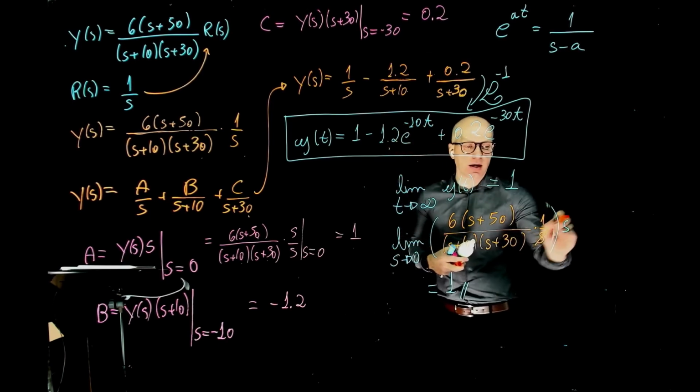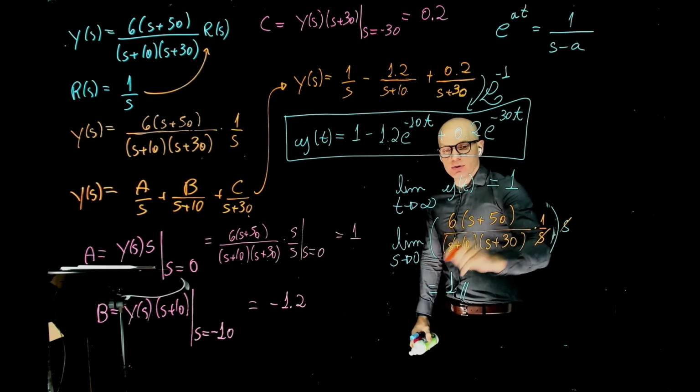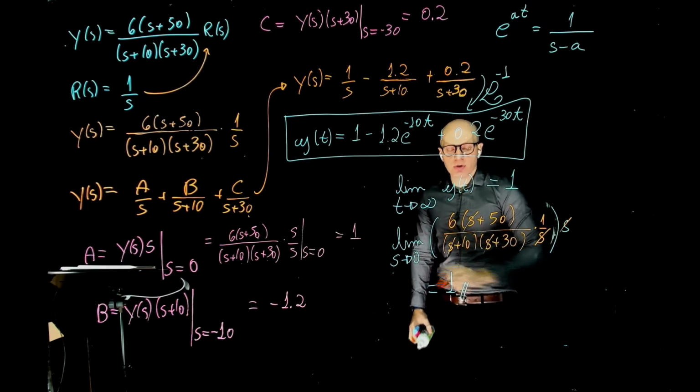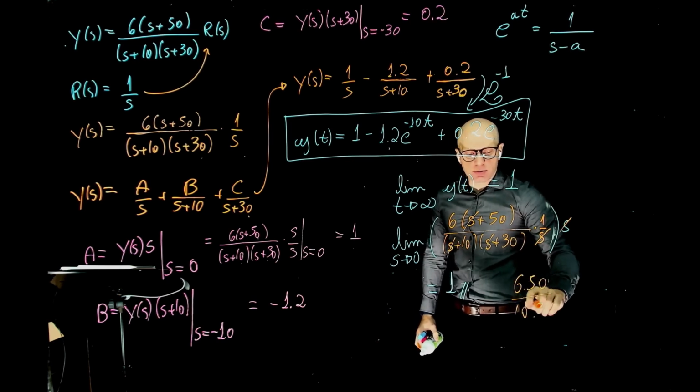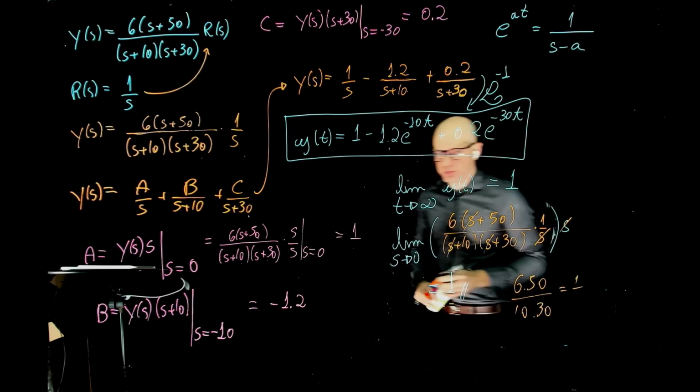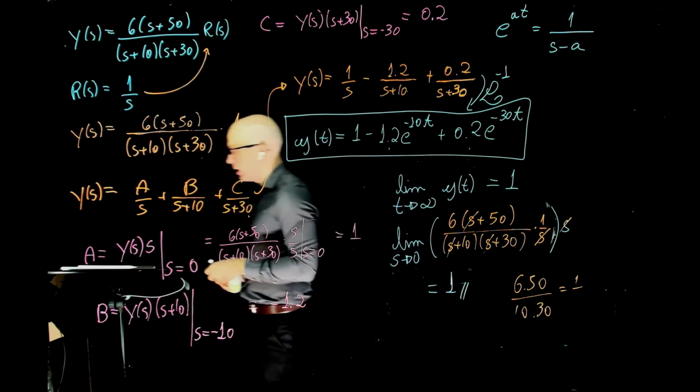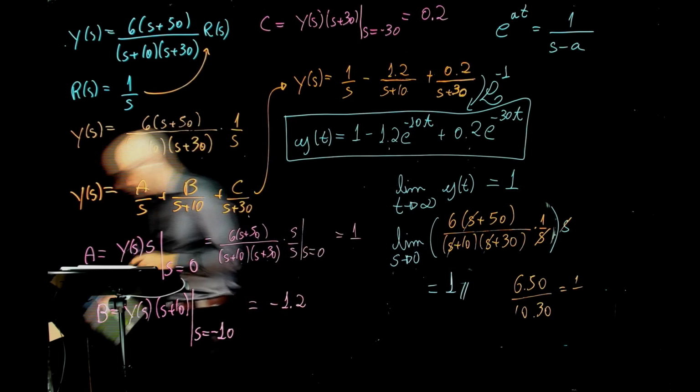All right, so this s cancels that s. This s goes to 0, s goes to 0, s goes to 0. We are left with 6 times 50 divided by 10 times 30, which is also 1. That's the same function, so it should give us the same result.